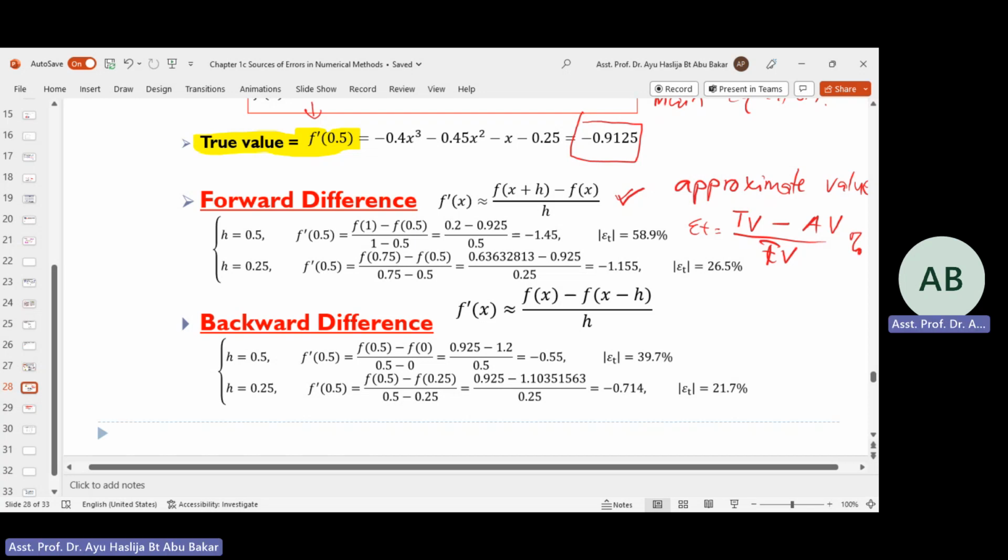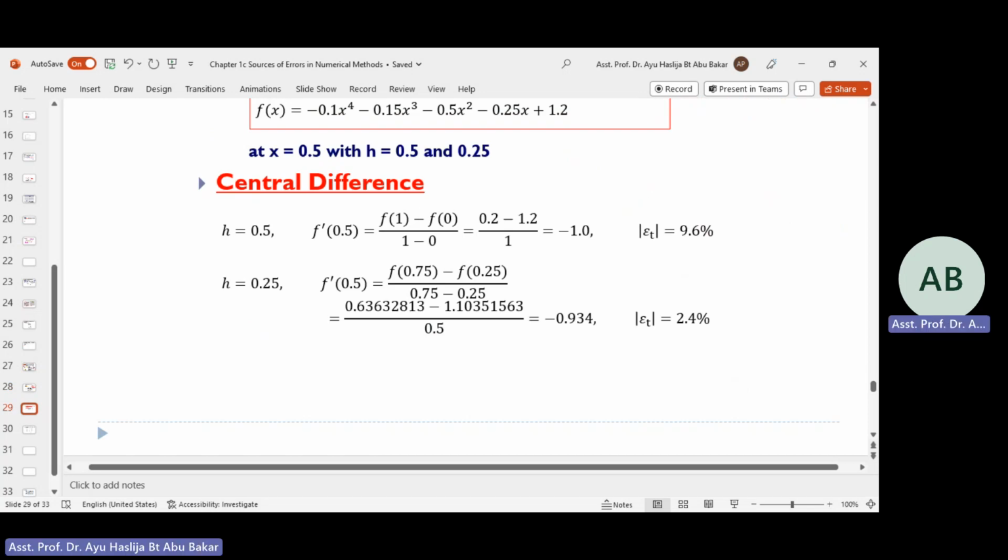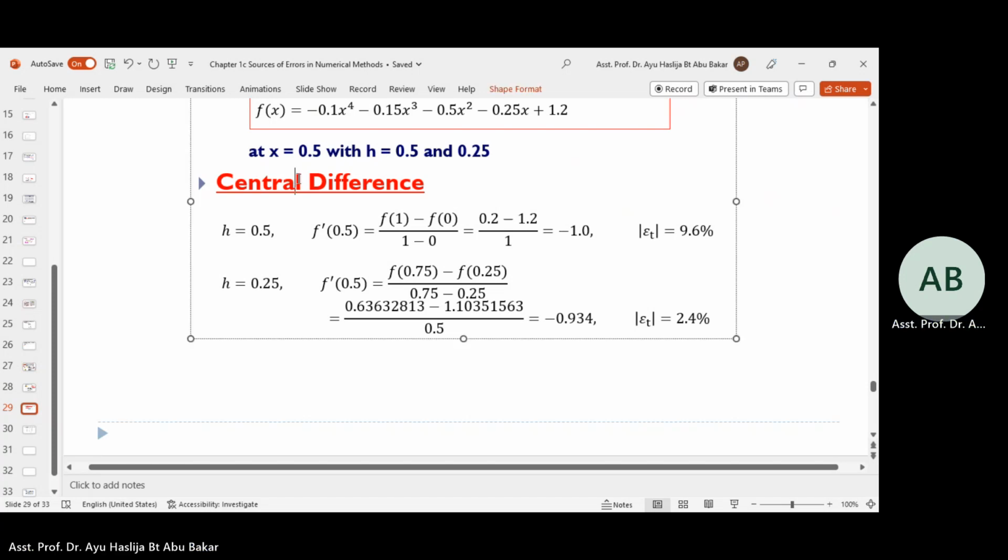Okay, so this one is for backward. This is the value for centered. Centered difference. Oh, sorry, centered.